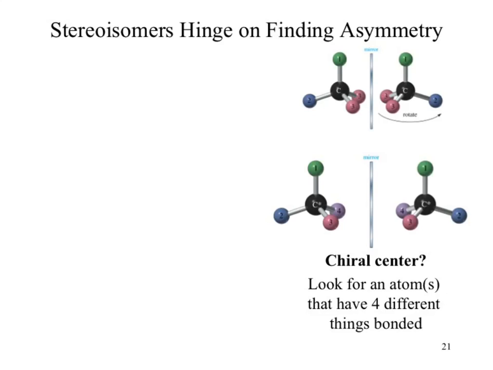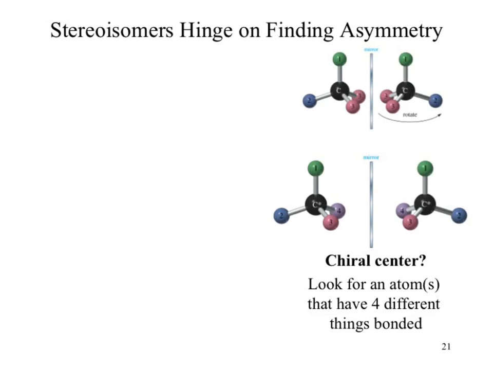No inappropriate comments there, guys. So there we go. Are these mirror images of each other? Yes. Are they superimposable? Right. If we spin this around so the brown overlaps with the blue and the green overlaps with the green, they're non-superimposable.